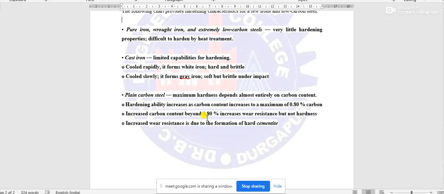But 0.8% carbon is the optimum amount up to which the hardening capability of steel will increase.